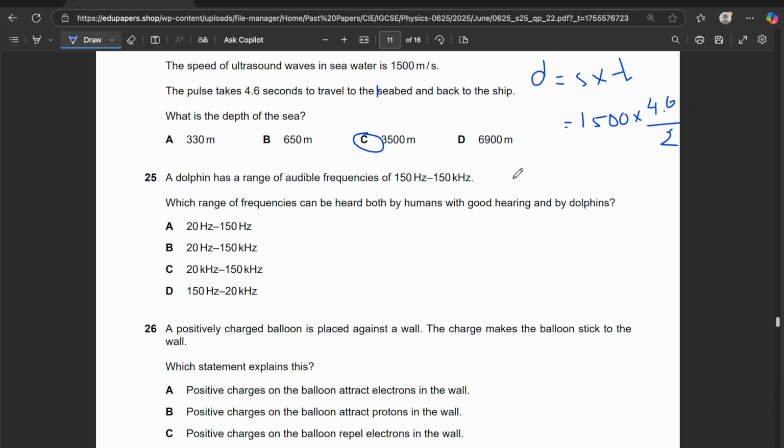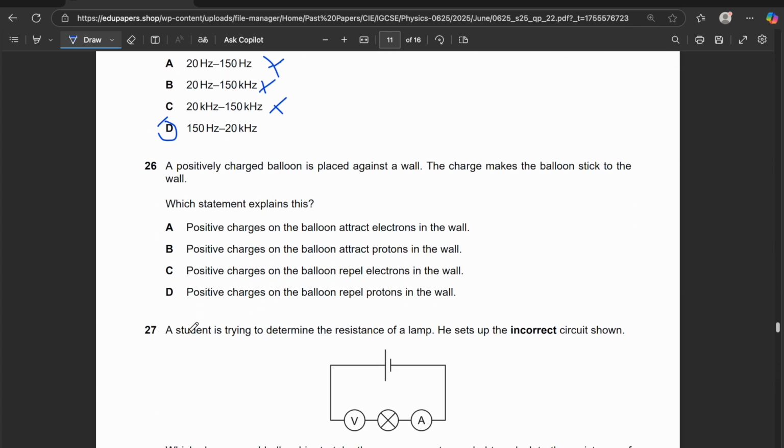For humans it is 20 to 20k, so we can find something between them. 20 Hz to this can be heard by dolphins. 20,000 is also too big for humans, and 150 to 20,000 would be the correct answer.